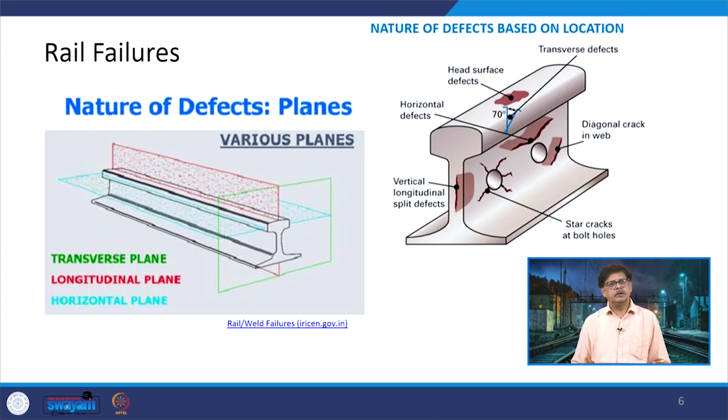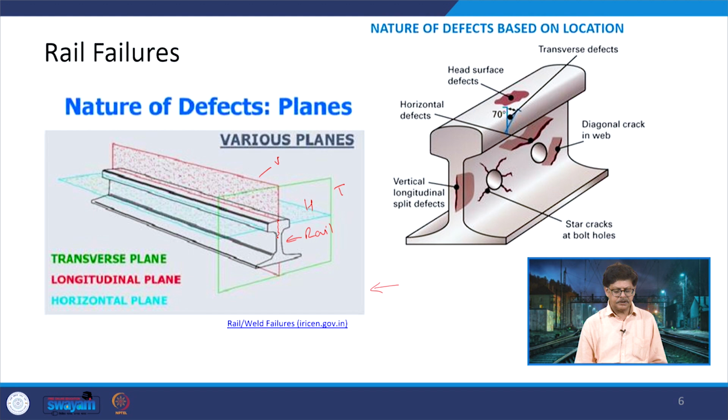So, here the rail failures which may occur in different planes at different locations have been shown. First of all, on the left hand side there is a rail section shown here, and with respect to this rail section, this is the vertical plane, we have the horizontal plane and then a transverse plane. So, that means the fracture which may occur can be in the vertical plane.